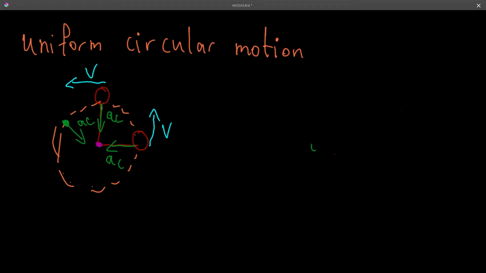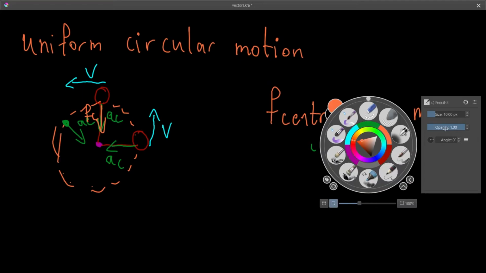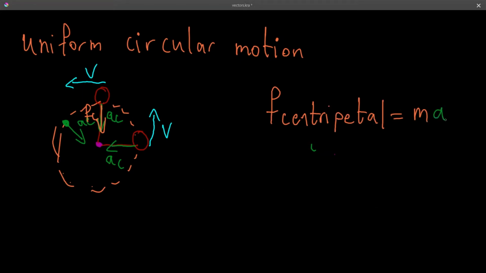So the force would be pointed towards the center as well, and similarly we call this force F centripetal. If you wanted to relate F centripetal with a centripetal, that's just Newton's second law. So F centripetal is equal to m times a centripetal.